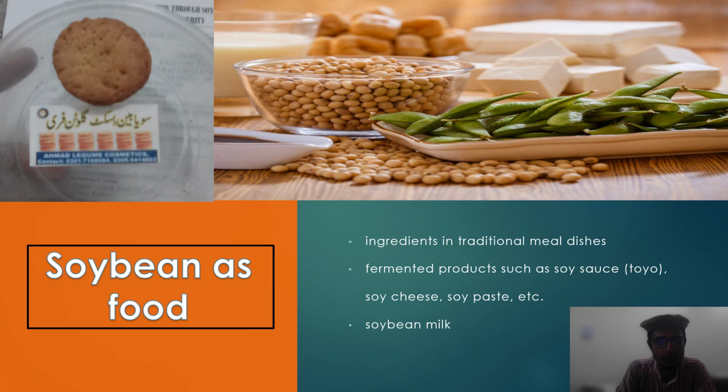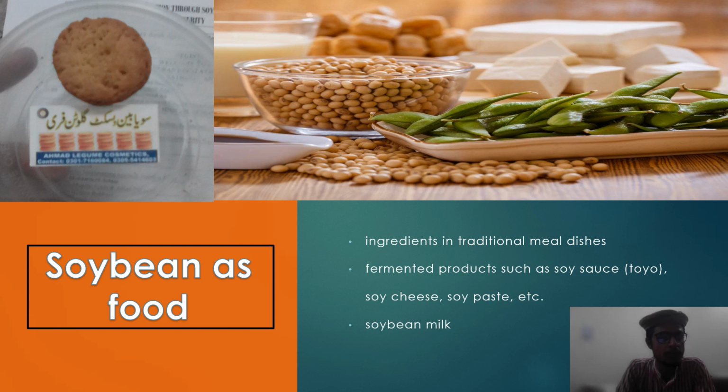Soybean is used as food traditionally in dishes such as tofu, soya paste, and soya cheese. In China a lot of products are present, but in Pakistan, I was previously in a meeting where a delegation from Islamabad came and told us that soybean milk is available in Islamabad, and they are trying to spread their branches to Islamabad, Lahore, and all other cities.